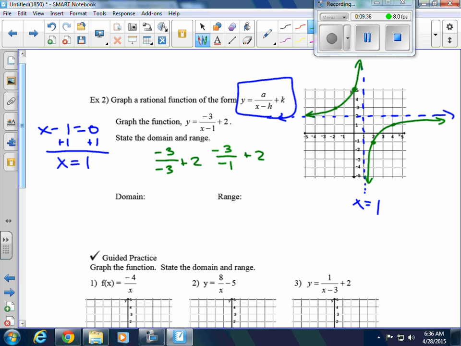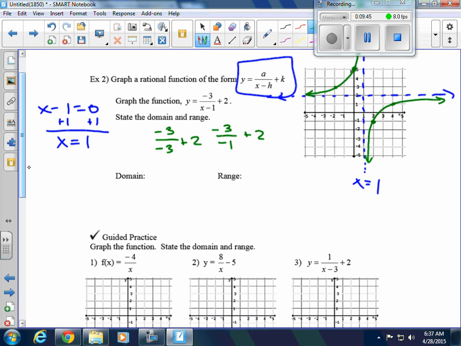So here's our graph. Now we have to state the domain and the range. And when we do this, you can do this a couple of different ways. Notice the domain is our x values, and we already said it cannot equal 1. So I could say all real numbers except 1, or I can also say x cannot equal 1.